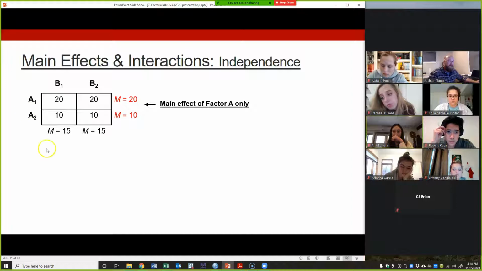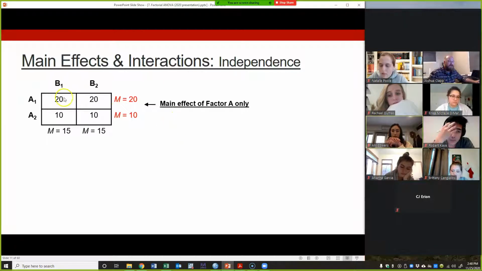So example here, we're seeing that in this 2x2 design, we've got a main effect of factor A only. Differences across factor B, not there. We're getting the same outcome scores across both levels of factor B, but here we're seeing a main effect of factor A. Level 1 is scoring higher than level 2, collapsing across B, but no interactions, right?